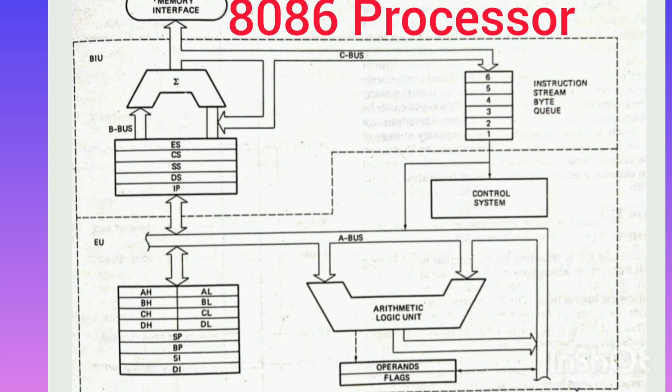So it can fetch up to 6 instruction bytes. The bus interface unit stores these pre-fetched bytes in a first in first out register set called a queue. Fetching the next instruction while the current instruction executes is called pipelining.